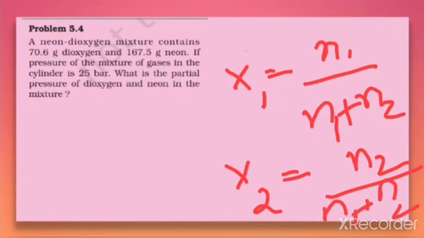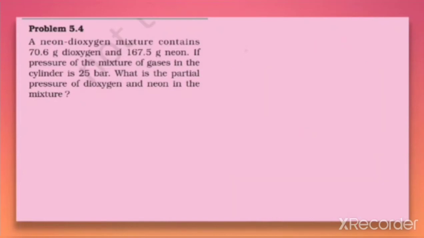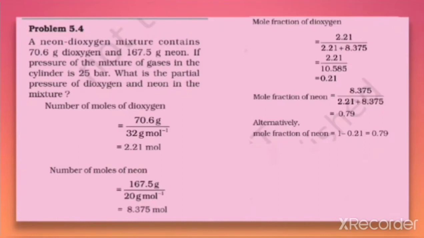So what we actually need here is the number of moles. First we will find the number of moles. The number of moles of dioxygen is the given mass by molar mass. We are already familiar with this formula. What is the given mass for dioxygen? 70.6 gram, divided by 32.